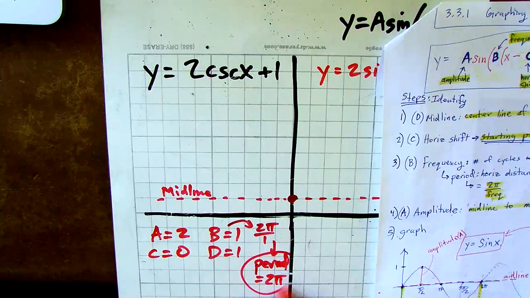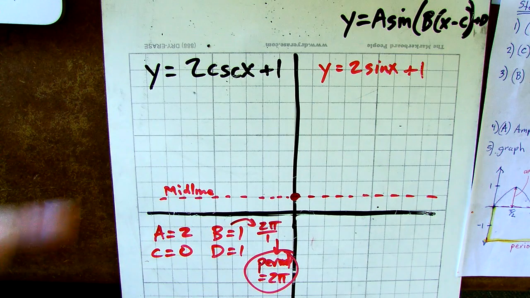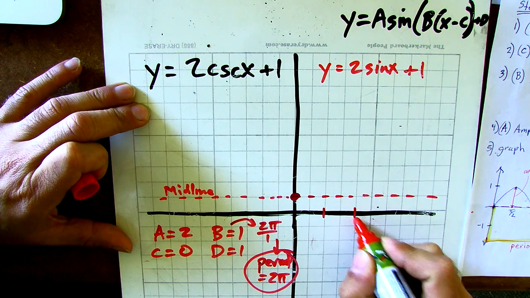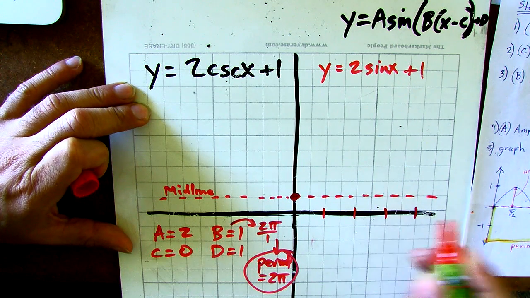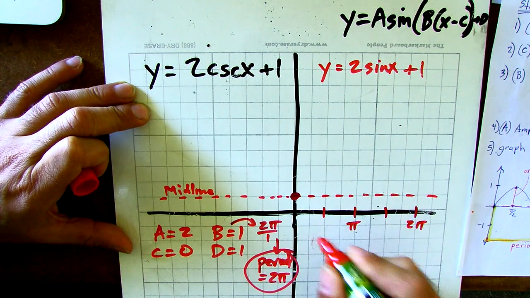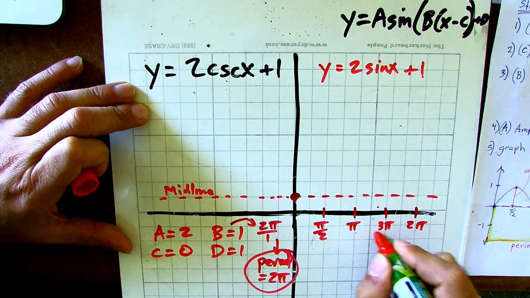Okay, that's important. So it's going to repeat after 2 pi. There's only one cycle, so let's break it this way: this is pi, this is 2 pi, pi over 2, 3 pi over 2.